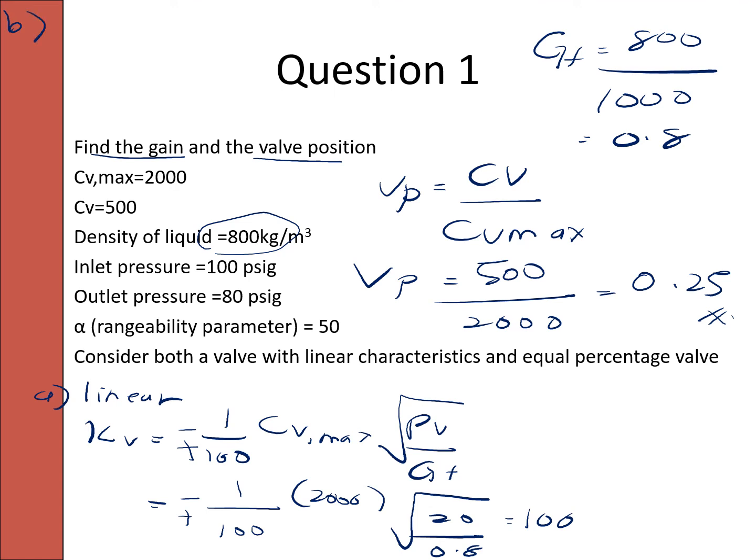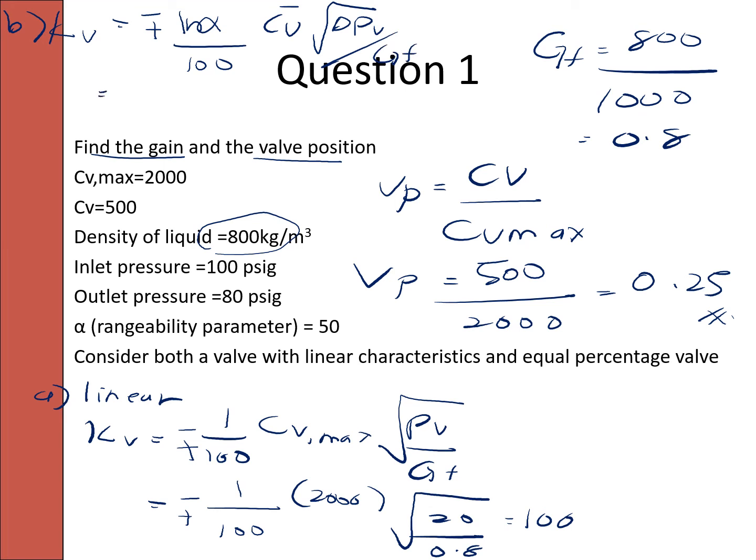For the equal percentage, we will use the formula kV equals negative plus ln alpha over 100 times CV bar times the square root of delta PV over specific gravity.